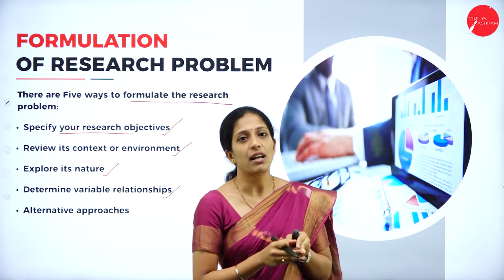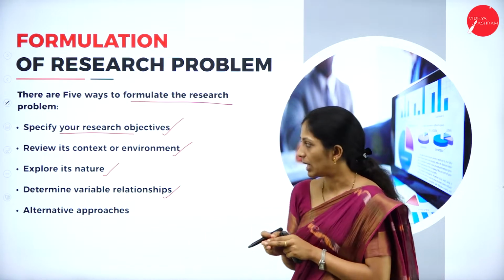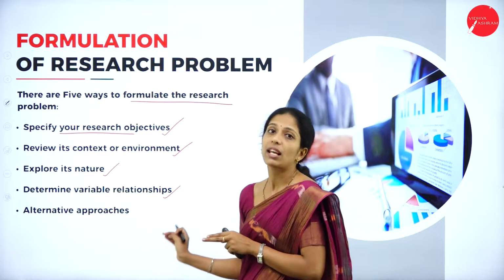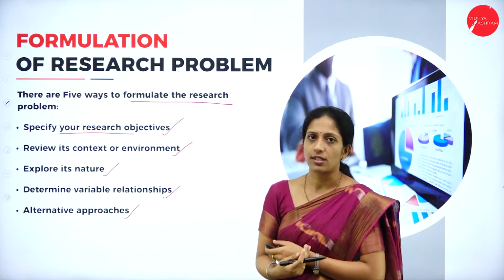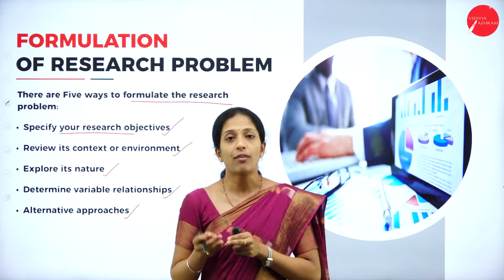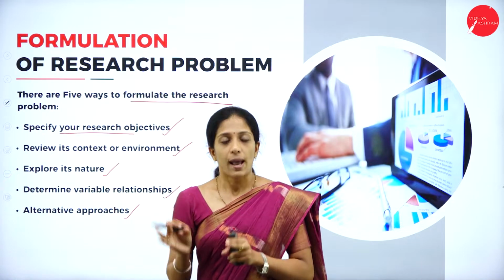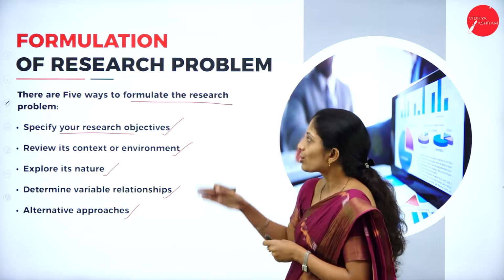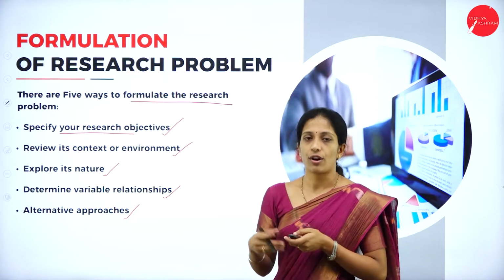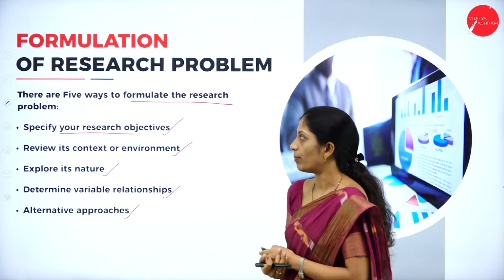It may be a dependent variable or an independent variable. So we have to determine the variable relationship among them. Next, alternative approaches. Other than the options we have, what other alternative approaches can be made in order to solve a particular problem? So these are the few ways to formulate a research problem.